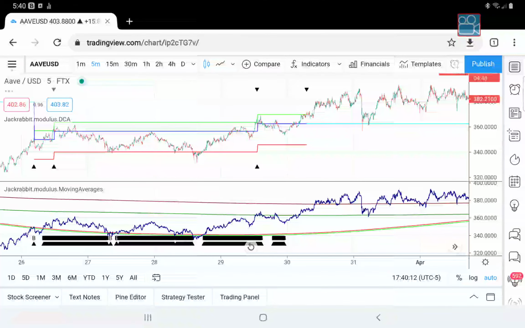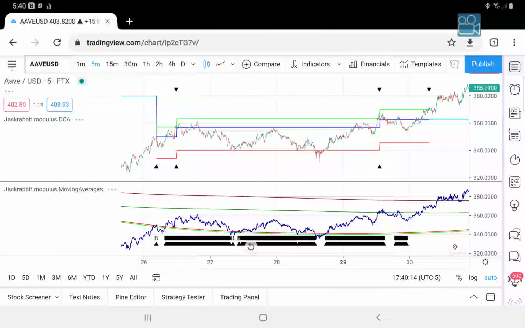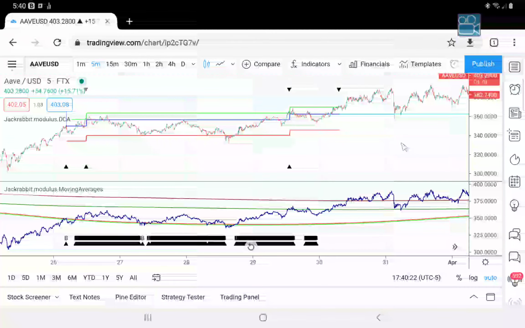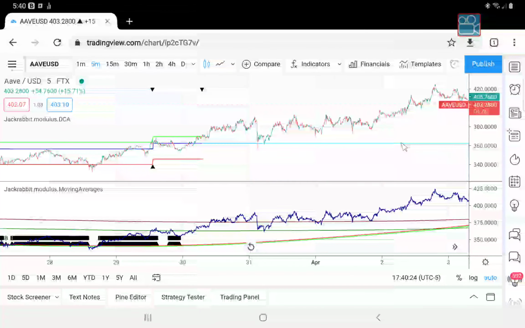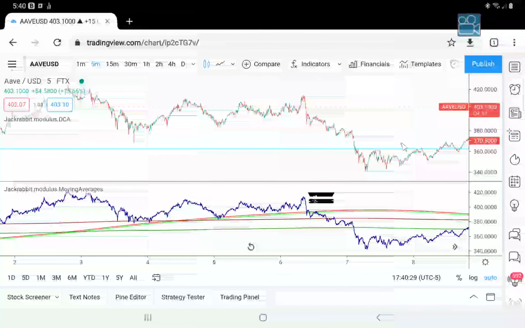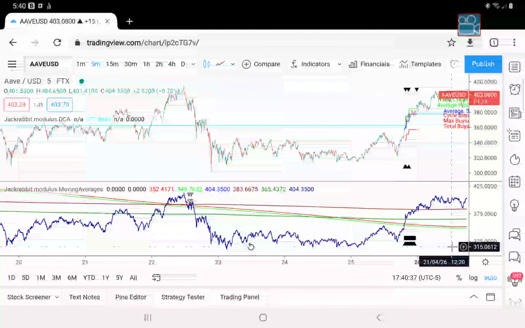So as you can see, when the market is trending in the right direction, it makes purchases. But as soon as the market turns against you, it stays completely out of it. That is what you want. So if you're looking for a defensive position, this kind of approach is perfect.